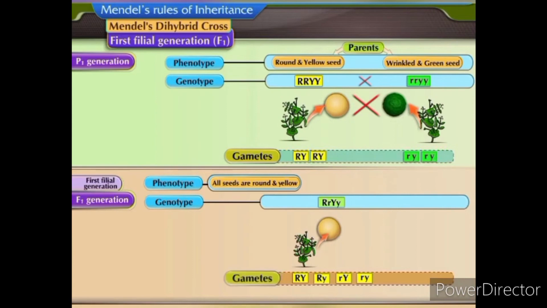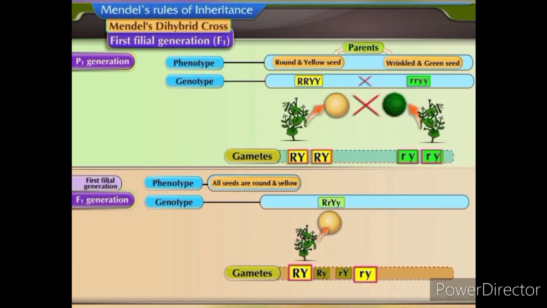The gametes produced by F1 plants that are similar to those produced by P1 plants are called parental combinations. The two other types of gametes, namely rY and Ry, produced by the F1 plants during gamete formation are called recombinations.